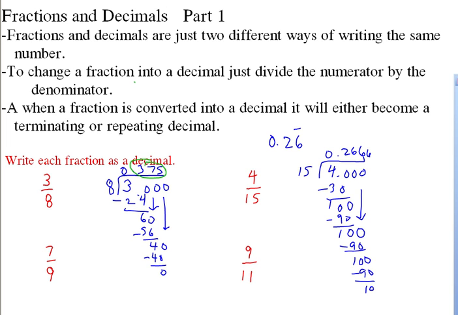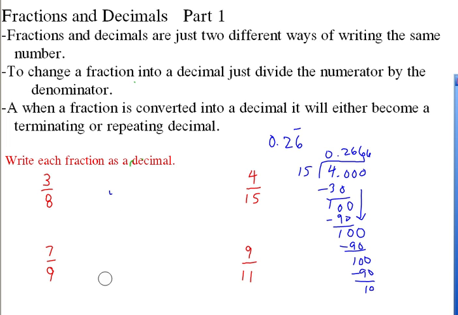So I'm just going to go ahead and erase this part here for a minute. If I look here, 7 divided by 9. Well, 9 doesn't go into 7. Let's speed this up a little bit here. 9 doesn't go into 7. 9 goes into 70, though.